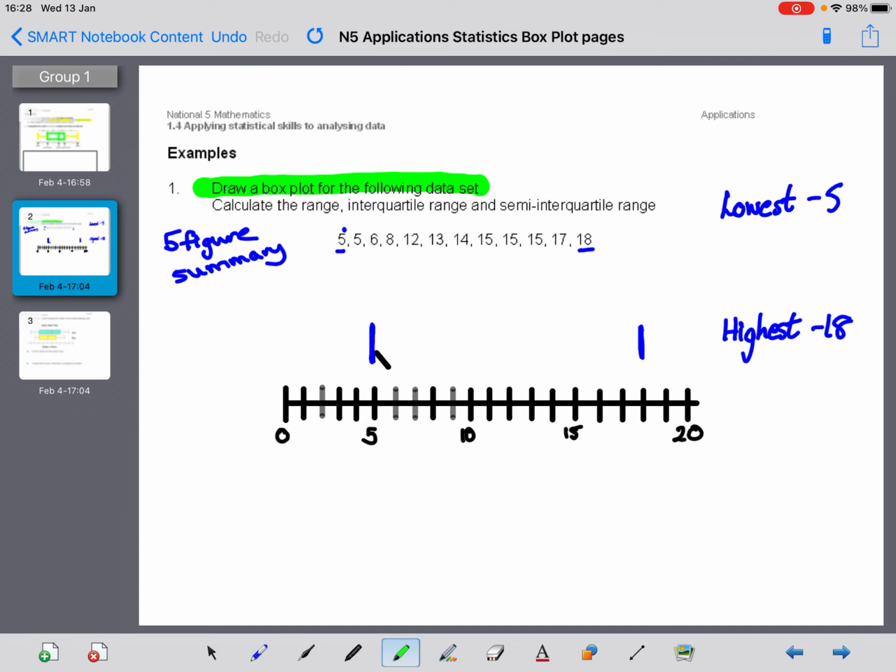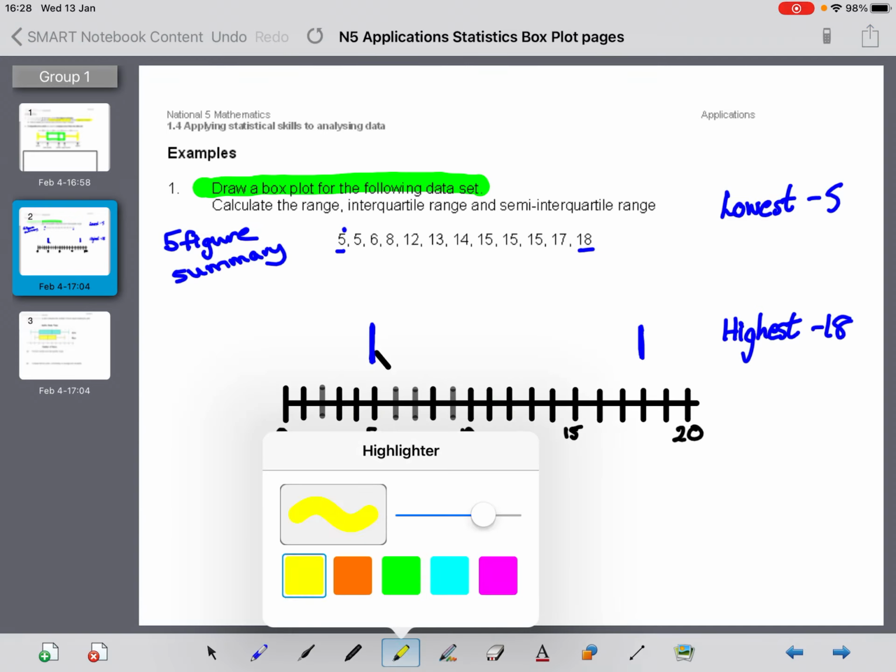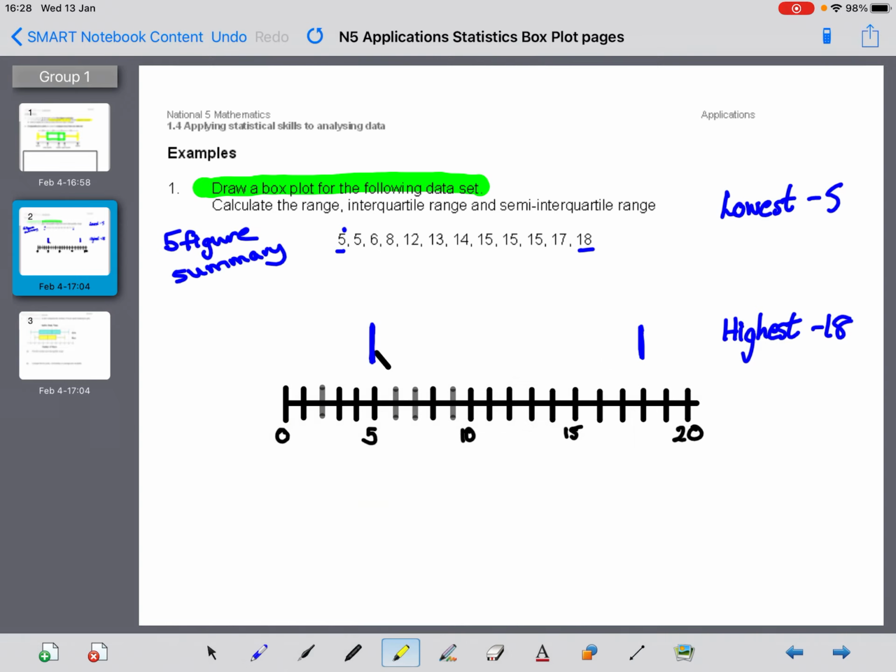I'm now going to look at finding the median. One from the bottom, one from the top, one from the bottom, one from the top, and there we go.